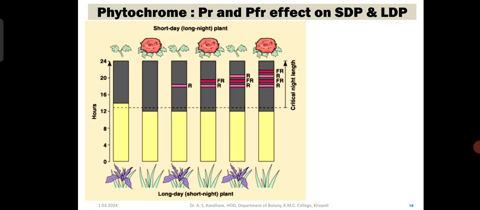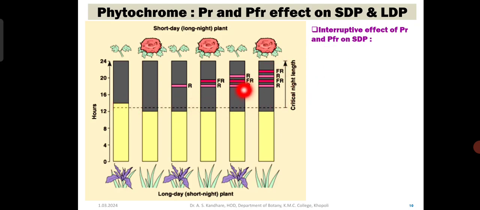तो शॉर्ट डे और लॉन्ग डे प्लांट के ऊपर PR यानी कि फाइटोक्रोम रेड एंड PFR यानी कि फाइटोक्रोम फार रेड का इफेक्ट किस प्रकार से होता है, isn't it? अब ये इनका क्रिटिकल फोटो पीरियड का ये लाइन है SDP और LDP के लिए, ये उसका क्रिटिकल फोटो पीरियड का ये लाइन है.